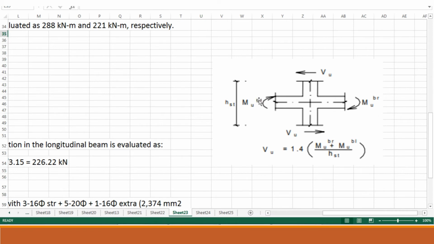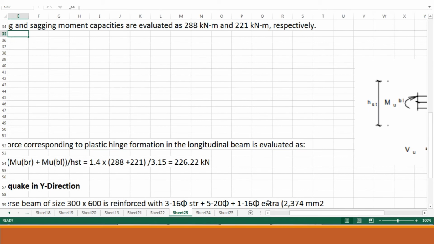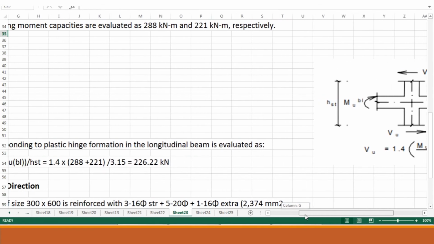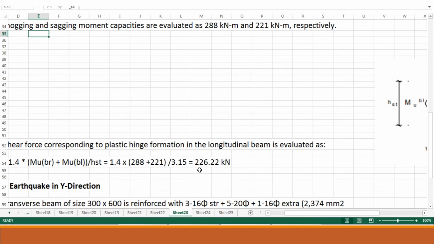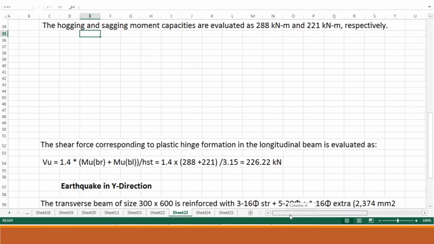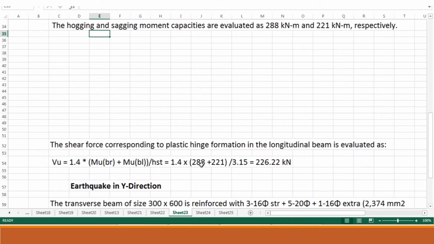So once we know MUBL and MUBR, we can determine 1.4 into (288 plus 221) divided by 3.15, which is HST. Now HST is the height of the column. So what we get is the value of VU, that's 226.22 kilonewtons.